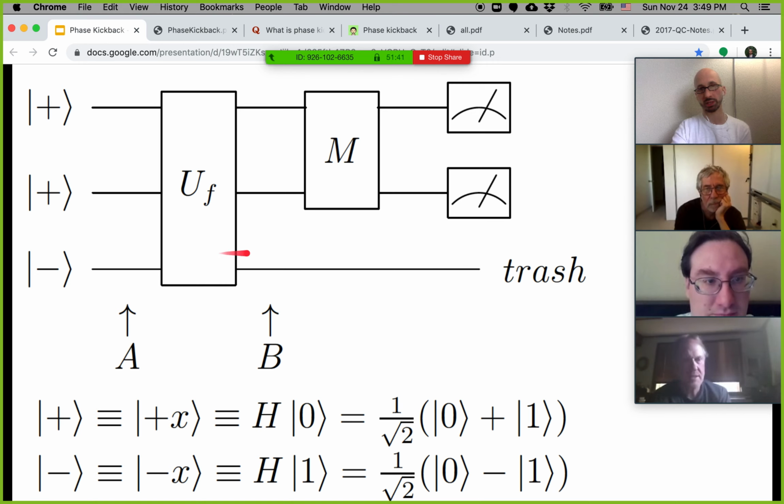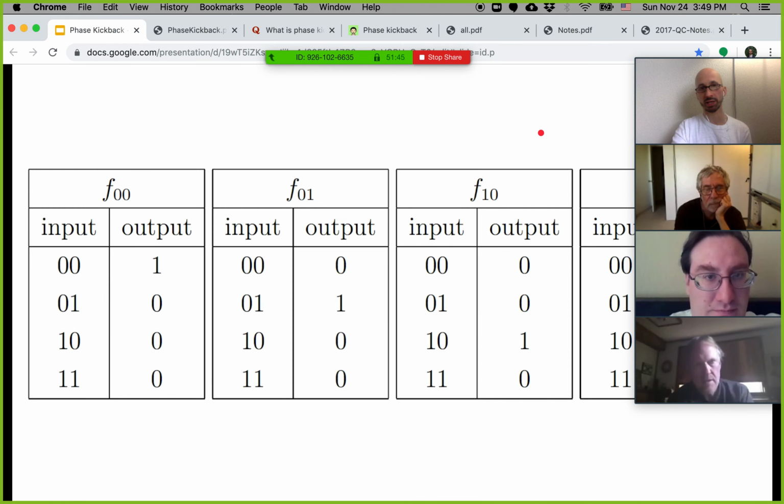As a result of those 2 measurements, Bob will get this index. He will get either 0,0, 0,1, 1,0, or 1,1. And this will be the index of this function. So without looking into this function, just by looking at what it returns, Bob can figure out which function it is.